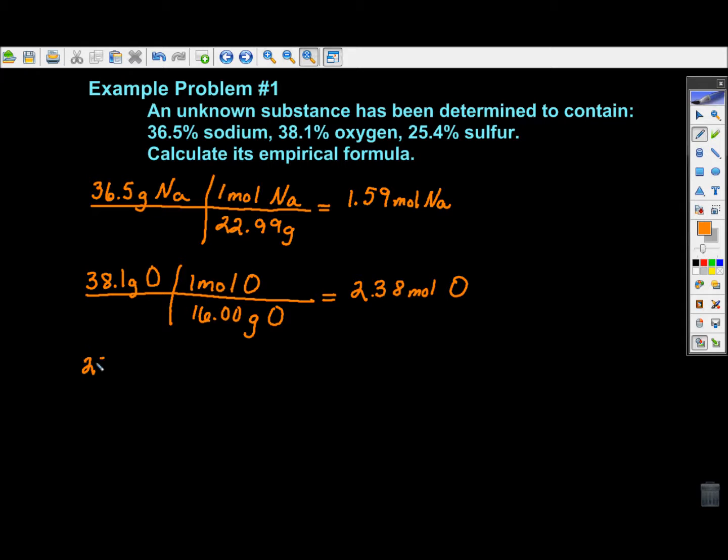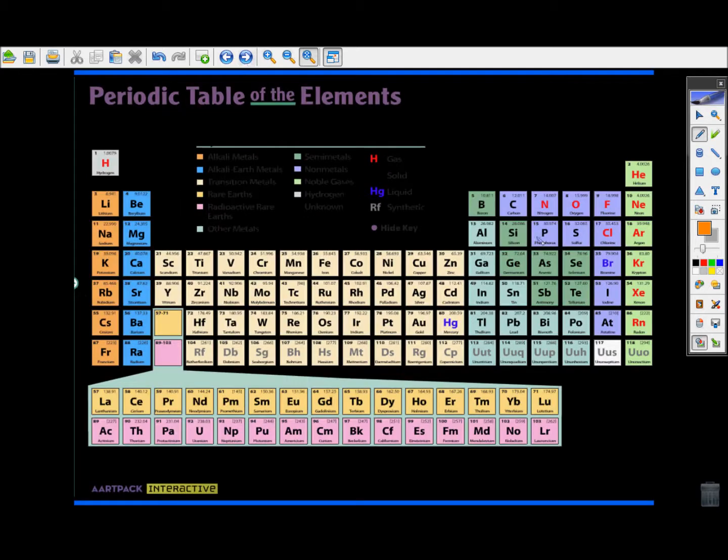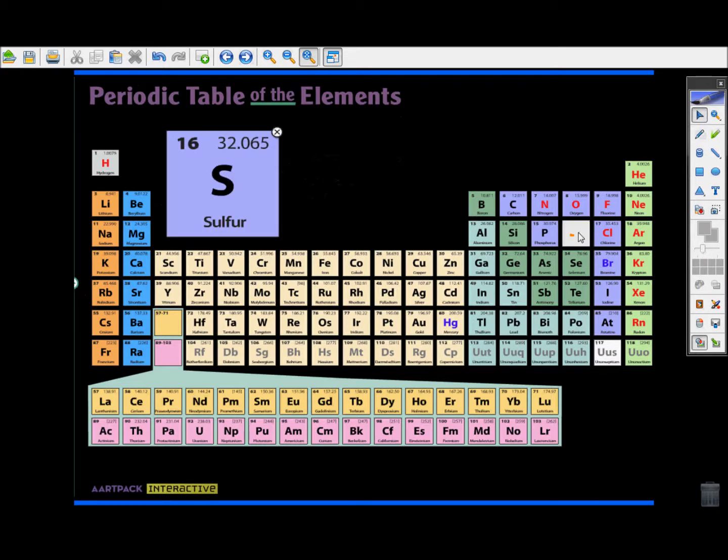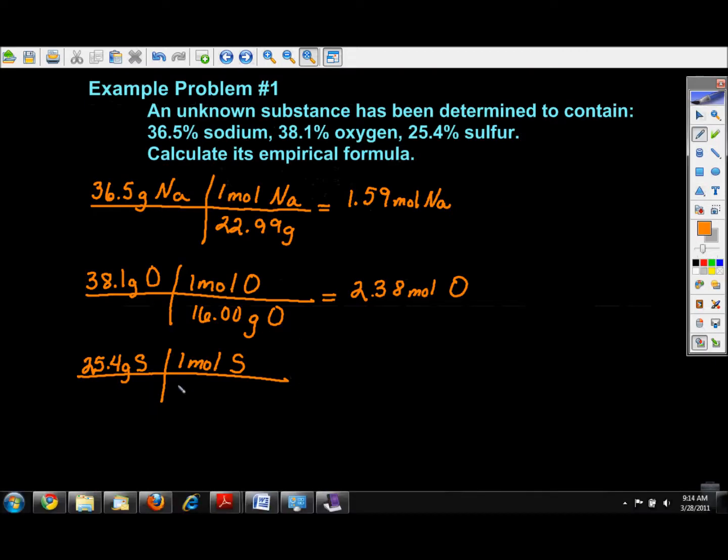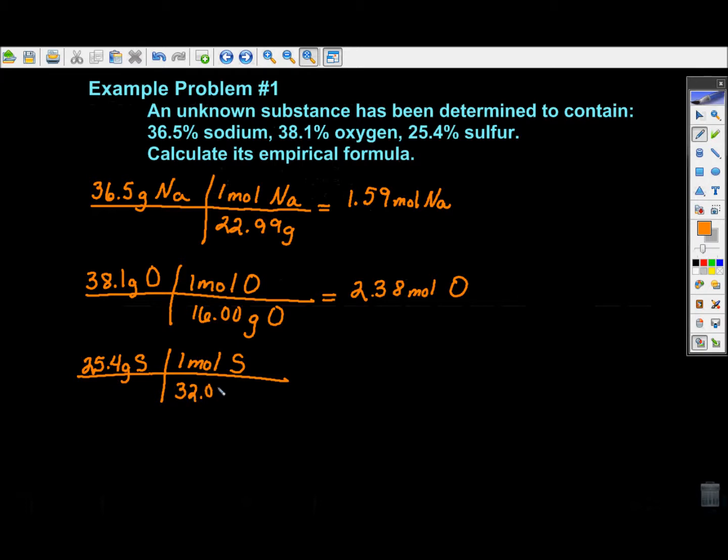Sulfur is 25.4 grams in this sample, and the molar mass of sulfur is 32.065, so I'm going to round that to 32.07 grams of sulfur.